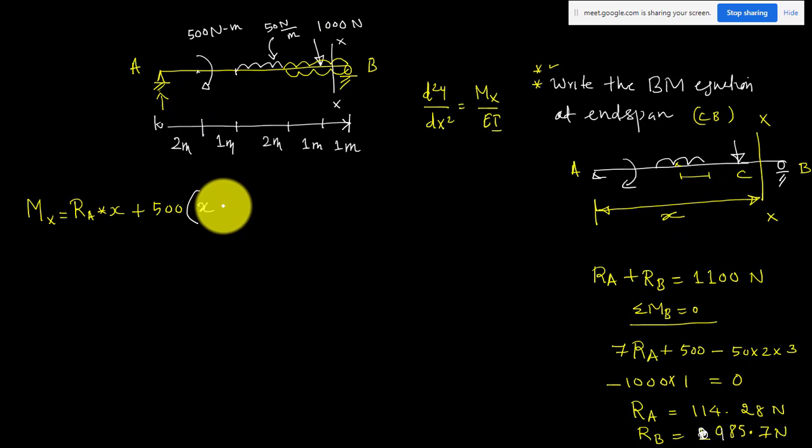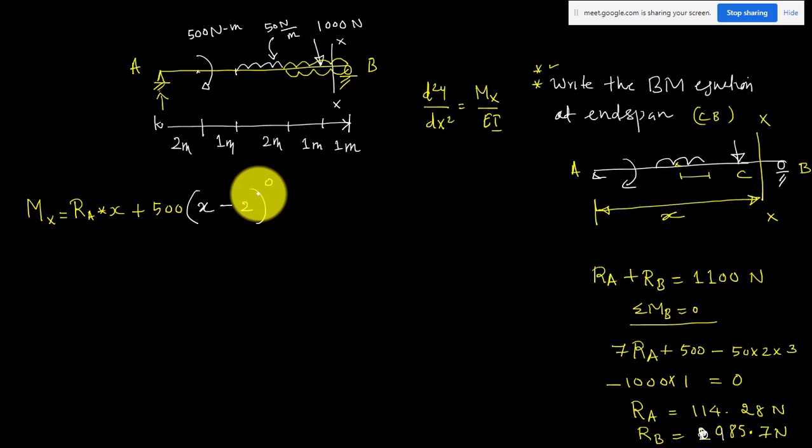So if you have a concentrated moment or couple, we write 500 into x minus 2, where 2 indicates where the moment is acting. The power should be 0, because the moment at the section due to this concentrated moment will be only 500.